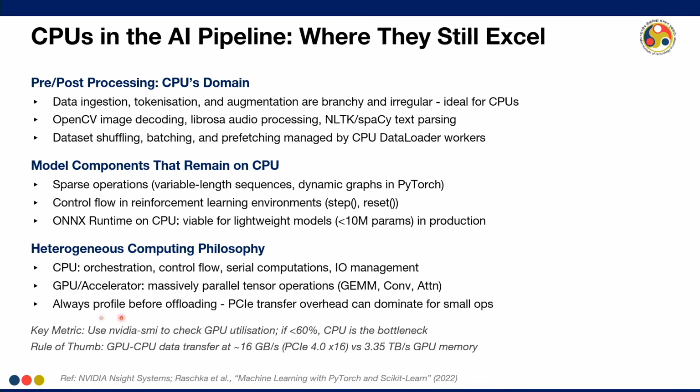That's why heterogeneous computing is essential in AI workloads. Always profile before offloading the data, and we'll talk about that in subsequent lectures, including what key metrics we should look at, where to look, and how to manage this heterogeneous computing in AI workload deployment.